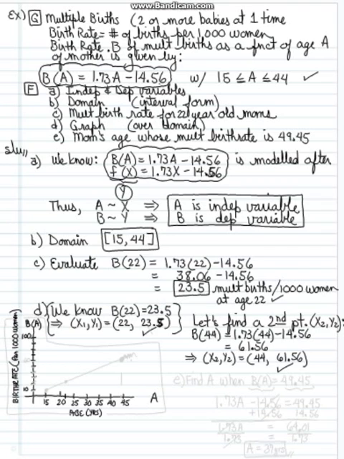So these two will meet about this location. That's our first ordered pair, x sub 1, y sub 1. Now let's do 44, which is approximately here on the horizontal axis, and its y partner is 61.56. So 10, 20, 30, 40, 50, 60, and 61 is just a little bit more than that.